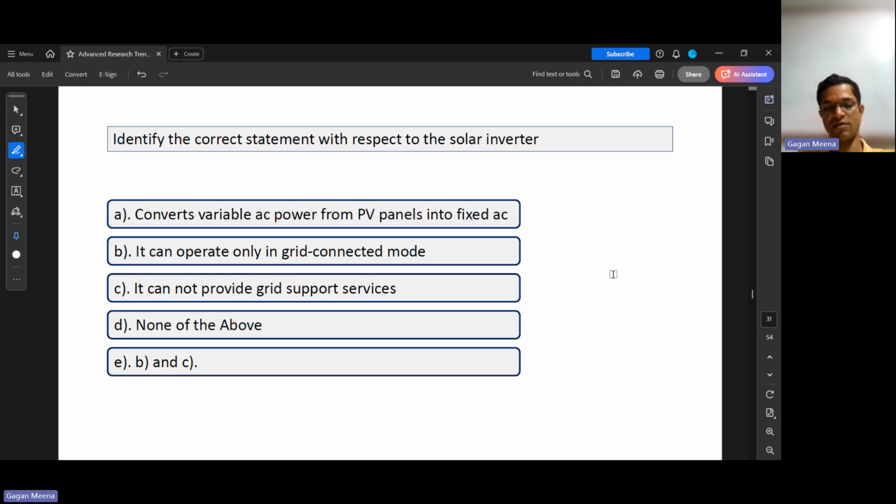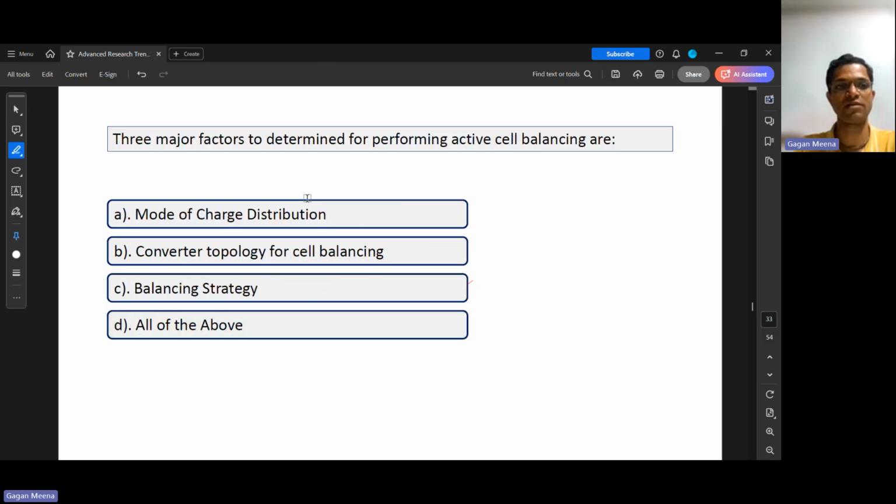This is not correct because the PV panels generate DC power, not AC. Second, it can operate only in grid connected mode. That is also not correct. It can operate both in grid connected and isolated mode. Third, it cannot provide grid support services. That is also not correct. So none of the above is the correct answer.